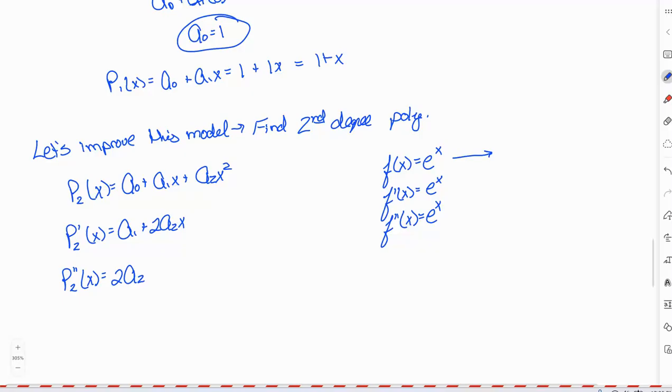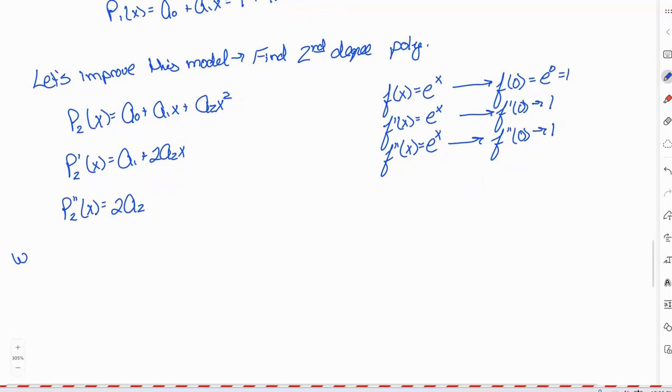F of x is going to equal that polynomial at x equals 0, because again, we're centered around 0. So let's figure out what happens when I plug in 0. When I plug 0 into the original function e to the x, I'm going to get 1. When I plug 0 into the derivative, I'm going to get 1. And when I plug 0 into the second derivative, I'm going to get 1.